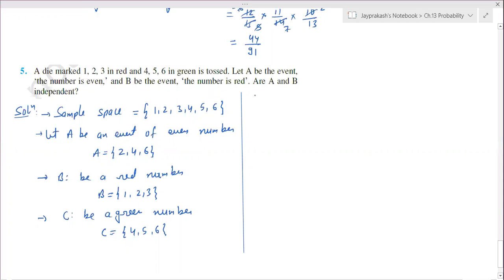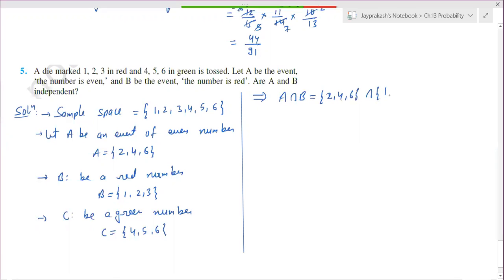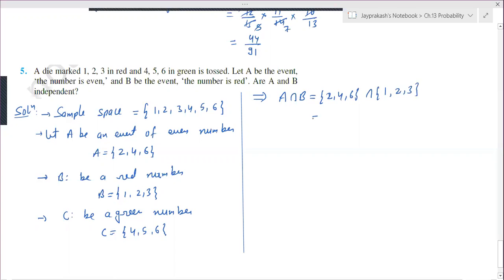So first we will find here A intersection B. So A contains 2, 4, 6 and B contains 1, 2, 3. So the final intersecting number is 2.